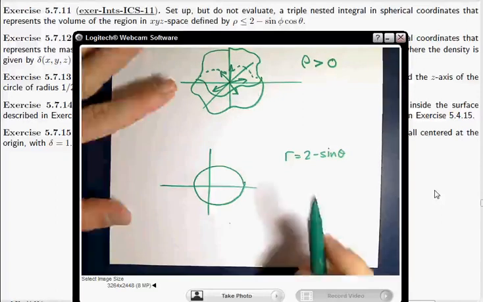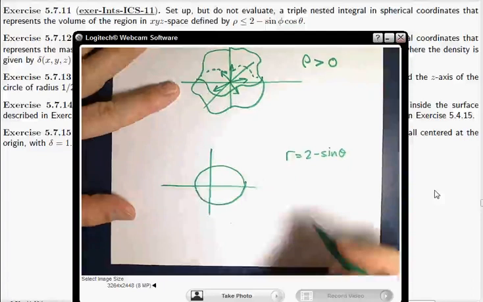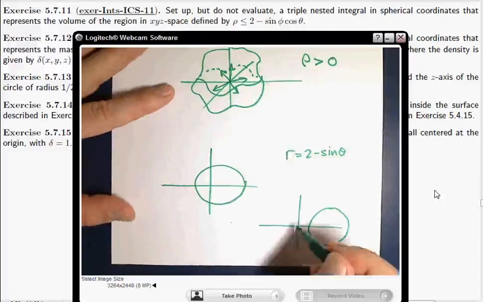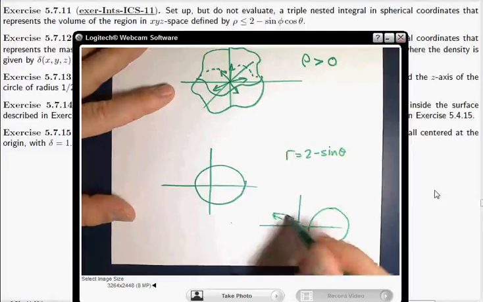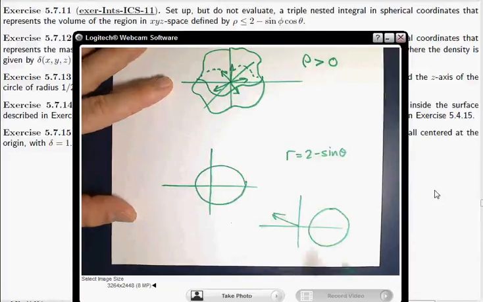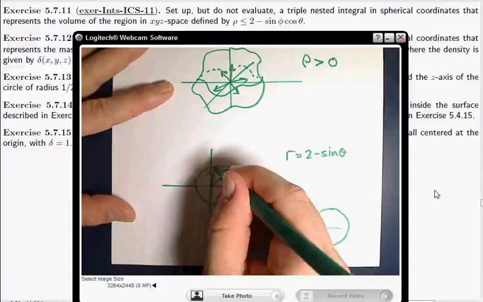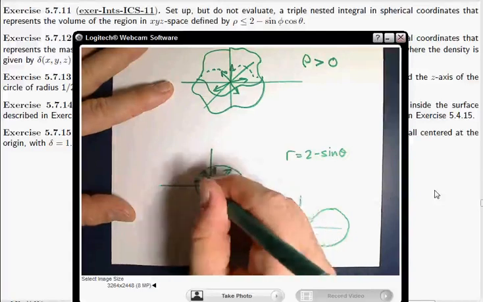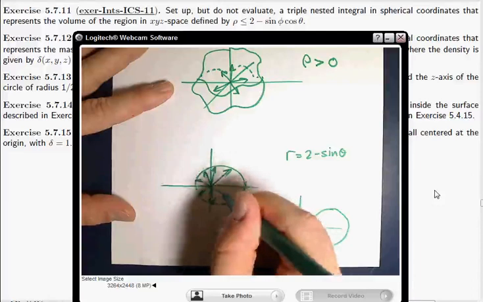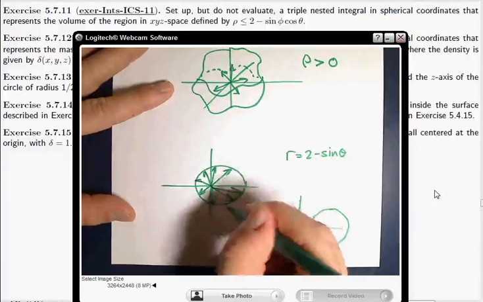Okay, but what it does not do is this. It doesn't do anything like that, because what's the value of r in that direction? Well, you'd have to have a negative r to not go around the origin. If r is always positive, then as theta moves around, the path moves around the origin.